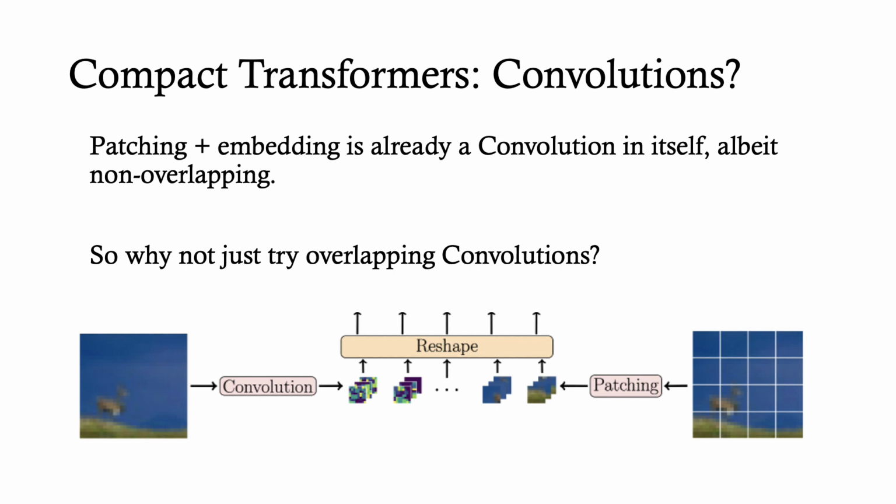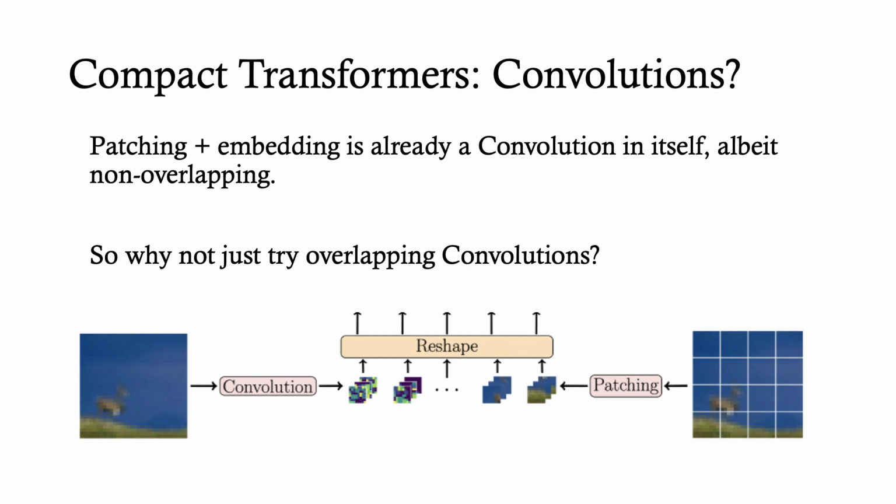Another key piece of our compact transformer design is the incorporation of convolutions in the CCT variant of the compact transformers. Patching and embedding is already a convolution in itself, even though the patches are non-overlapping, and it requires the input image to be divisible by the patch size.